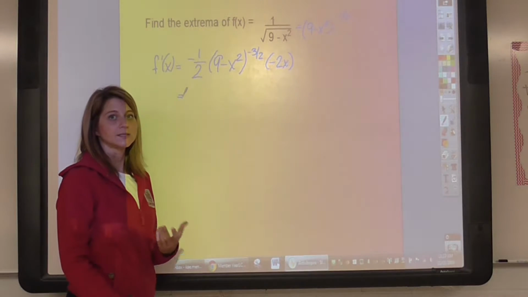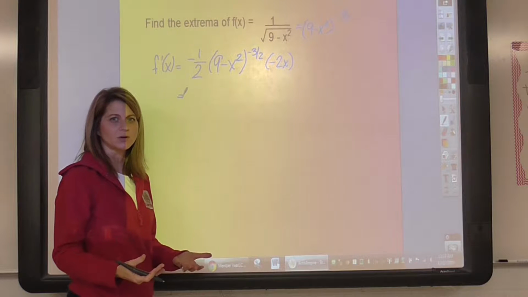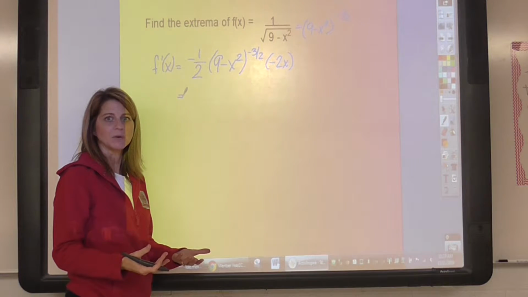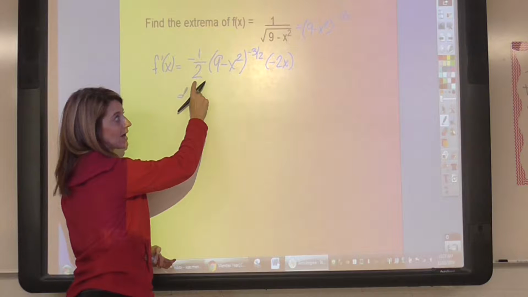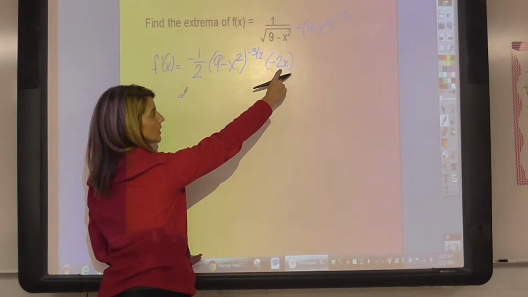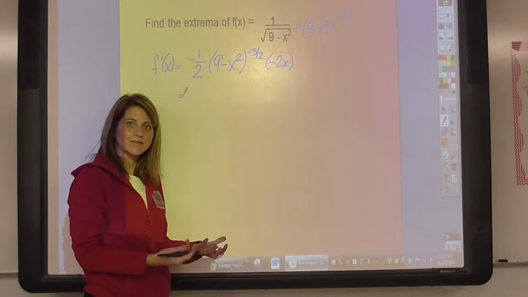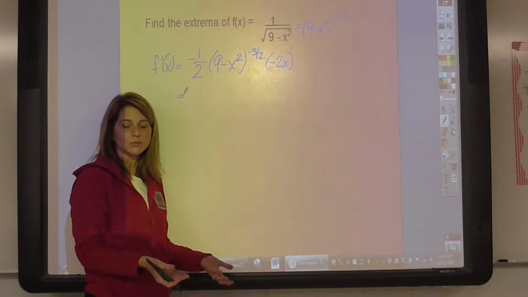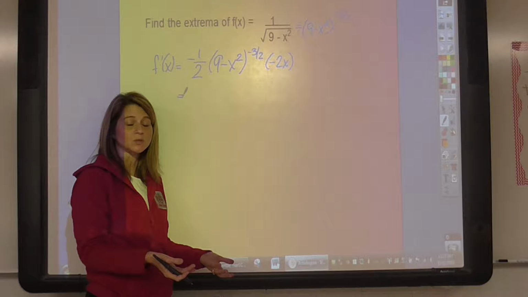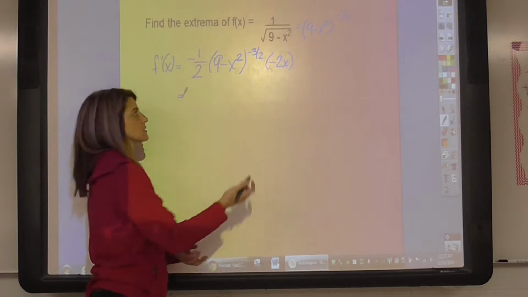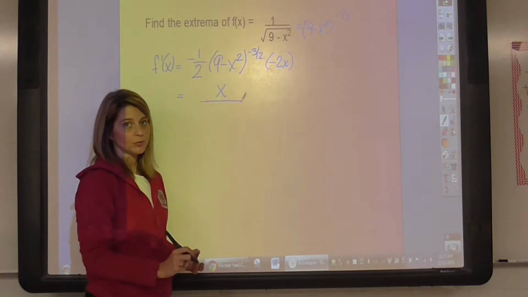So let's see. I'm going to take a look and see if I can start cleaning things up even before I make my fraction. I have a negative half and I have a negative 2x. Well, the negative times the negative makes a positive. And the half and the 2 will multiply, cancel out and be a 1. So really, those two multiplied together just give you an x in your numerator.